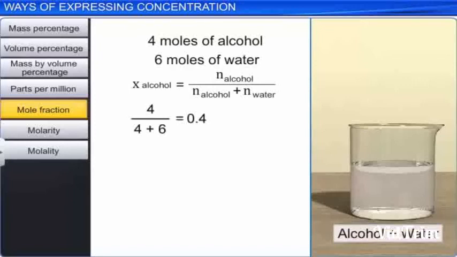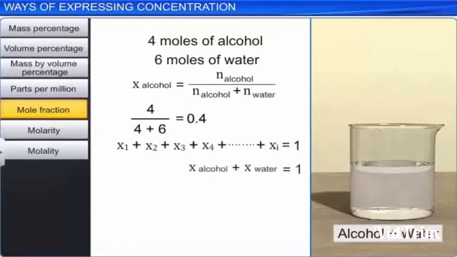As the sum of the mole fractions of all the components of a solution is always equal to 1, the sum of the mole fraction of alcohol and the mole fraction of water is 1. Or, the mole fraction of water is 1 minus 0.4 or 0.6. Note here that mole fraction is a dimensionless quantity.